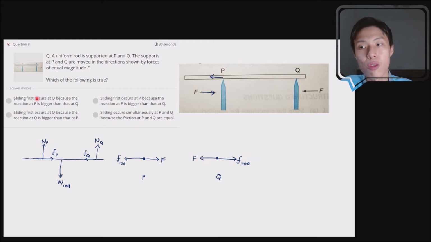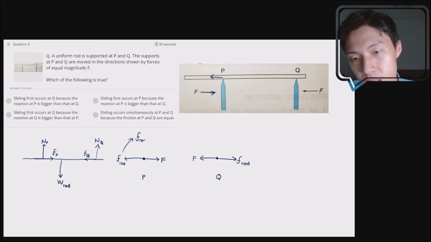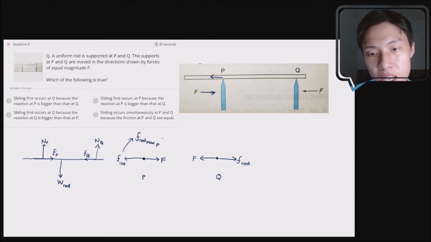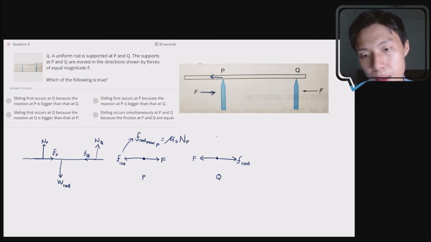Okay, but they're asking which one will slide first, so you can assume it to be at the limiting static friction. Assuming it reaches the limiting static friction, then you begin to slide. Okay, so which one will slide first? We know that this static friction of the rod, if you look at the limiting static friction max at point P, it will be equal to mu s times the normal force experienced at point P. So it's relevant to this normal force at P over here.